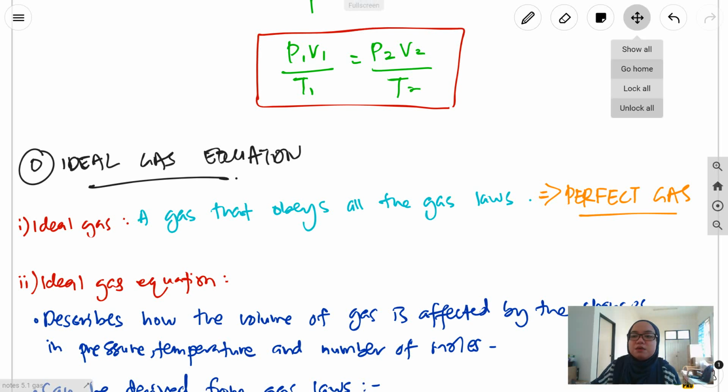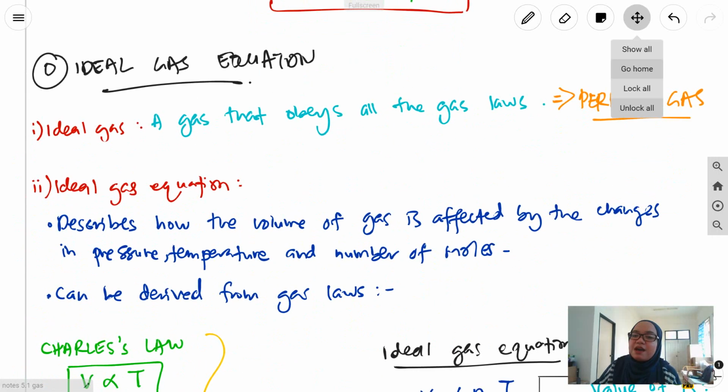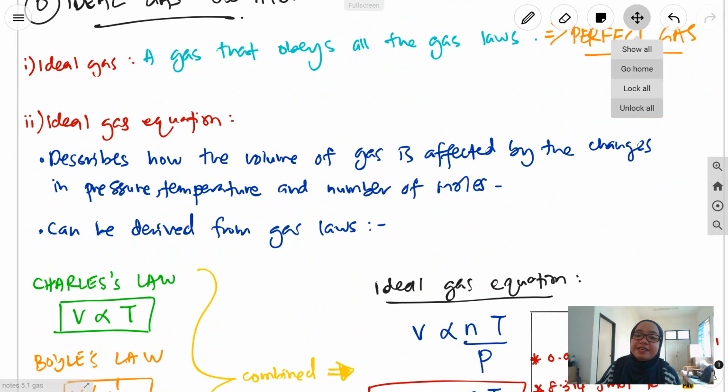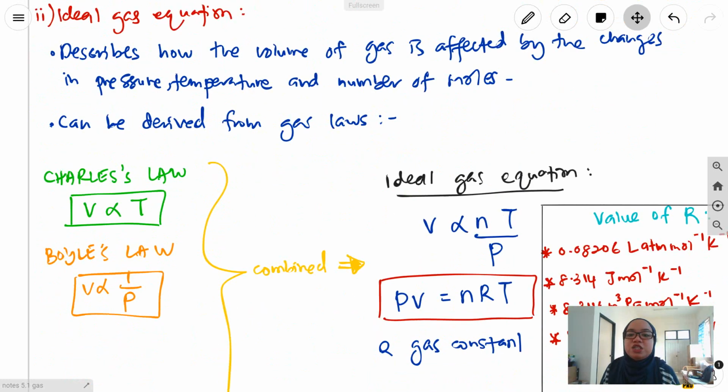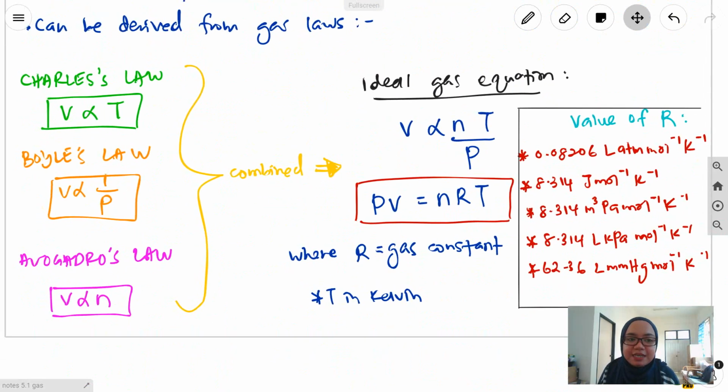Having said that, we know that the ideal gas equation describes how the volume of gas is affected by changes in pressure, temperature, and number of moles. We can derive this ideal gas equation from all the gas laws that we have learned just now. In Charles' law, V is directly proportional to T; in Boyle's law, V is inversely proportional to pressure; and in Avogadro's law, V is directly proportional to n.